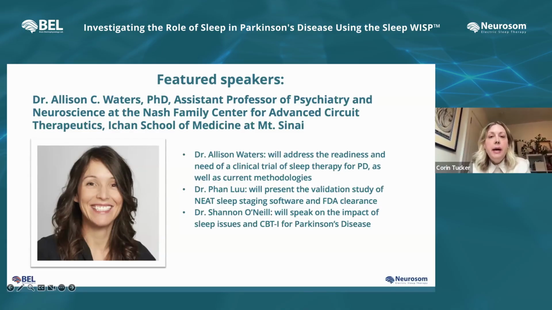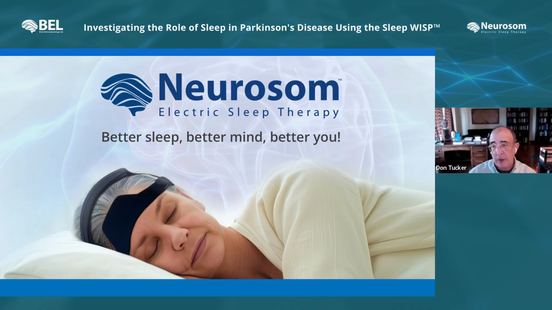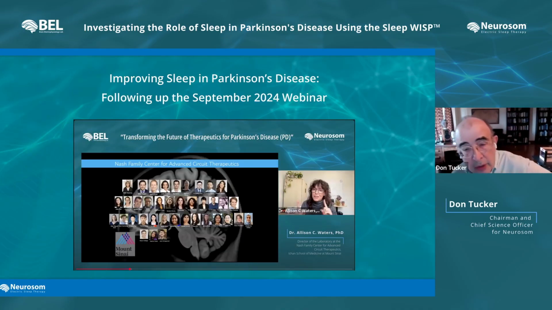I will go ahead and turn it over to our first speaker today, Dr. Don Tucker. Our goal here really is a follow-up for the webinar we did a year ago in September. We want to do a progress report on ways of understanding and integrating sleep WISP therapy.